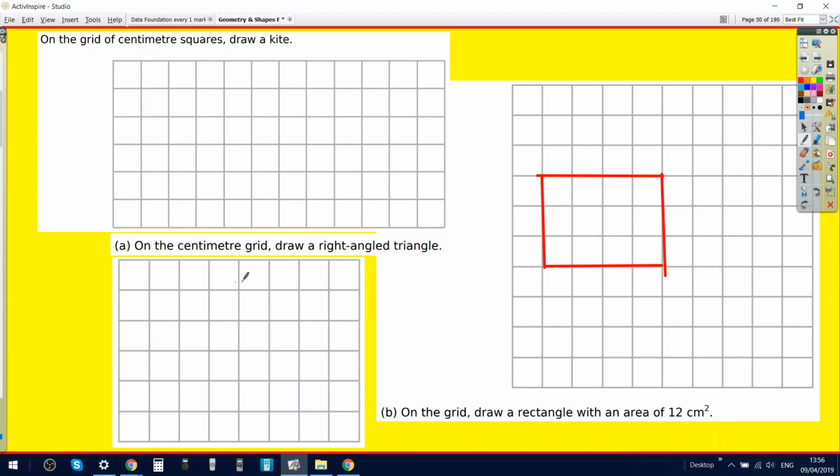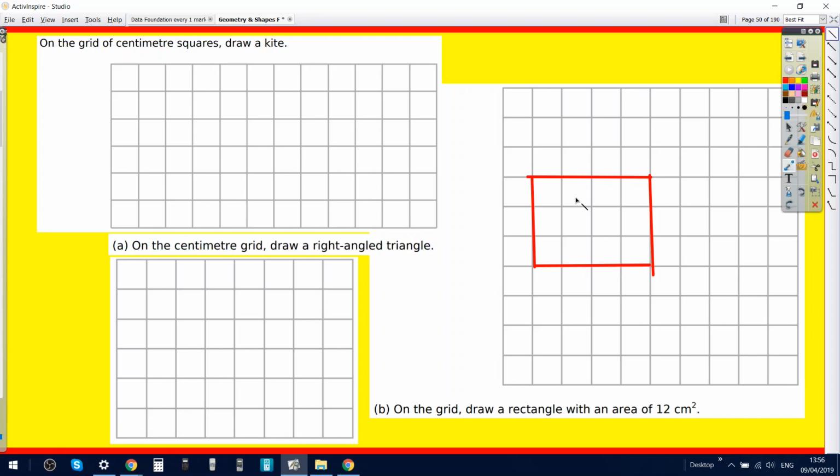How would you do bottom left? We draw a right-angled triangle. So just have a straight line going up, and then the line goes down diagonally. Okay.